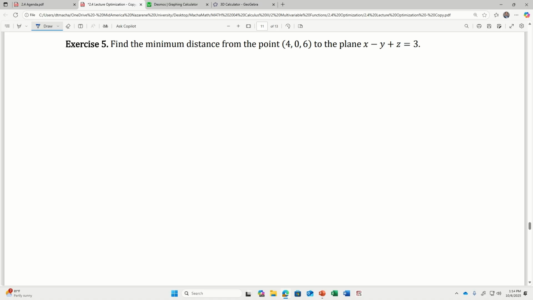All right, find the minimum distance from the point (4, 0, 6) to the plane x minus y plus z equals 3.